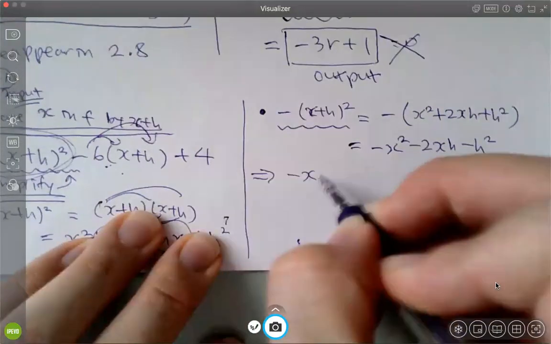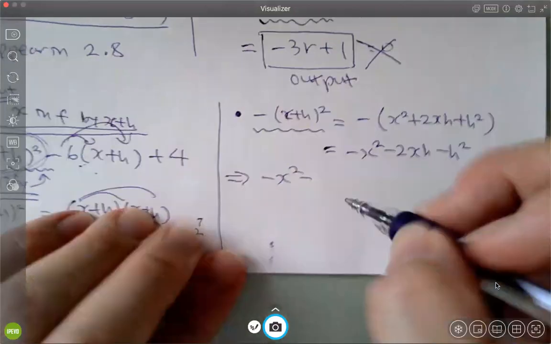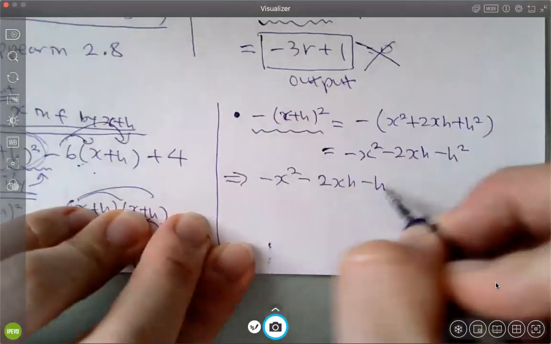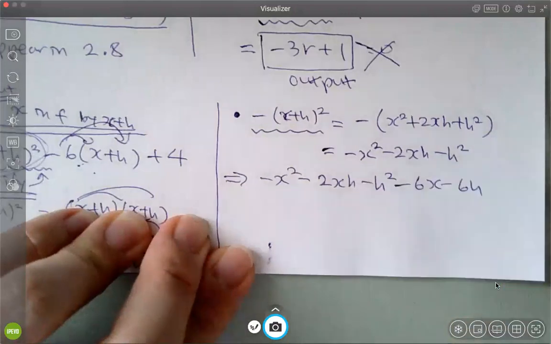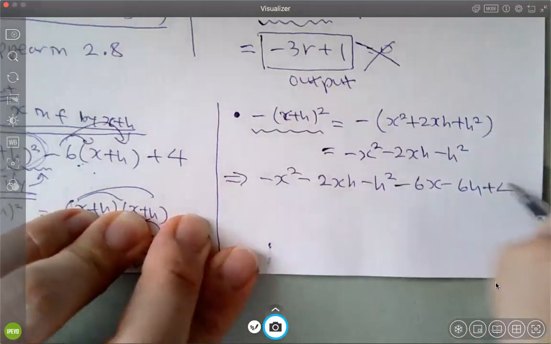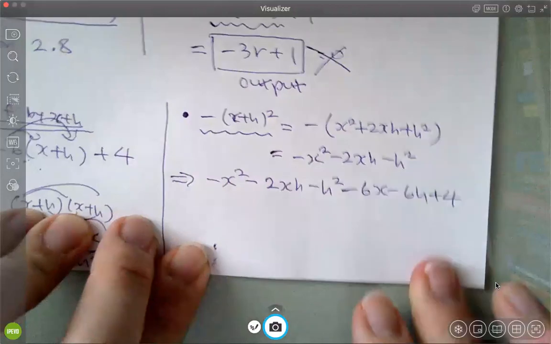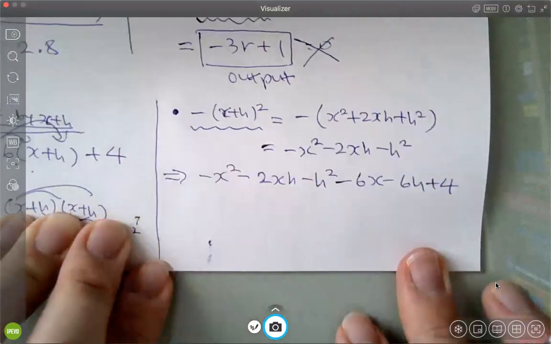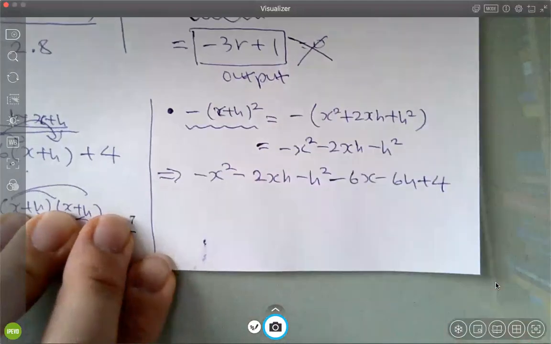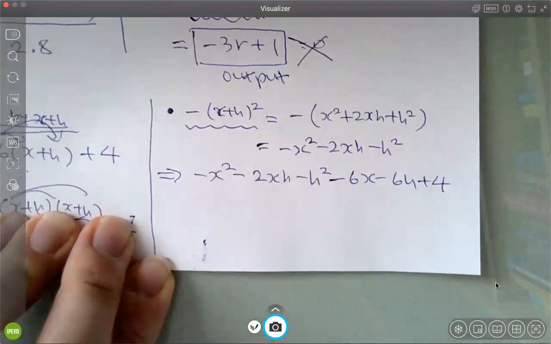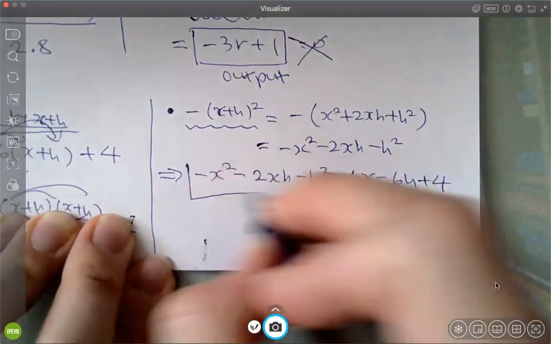The first one, negative x squared minus 2xh minus h squared, and then minus 6x minus 6h, and then plus 4, right? And now, at this point, do we have any like terms? No, right? So that whole thing is the output.